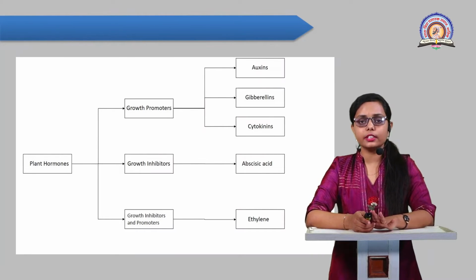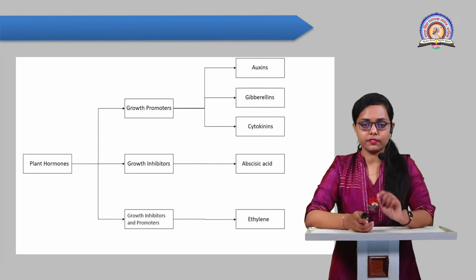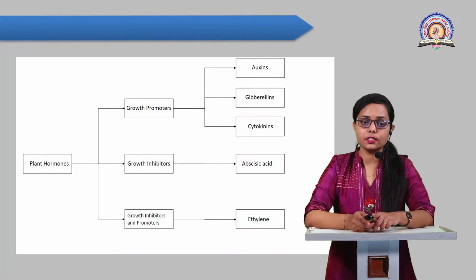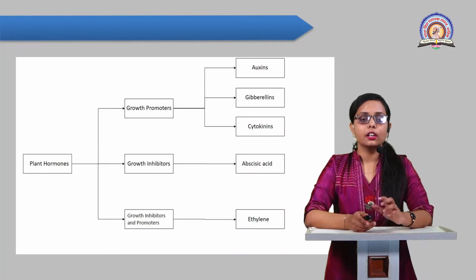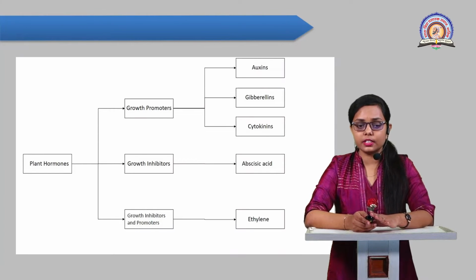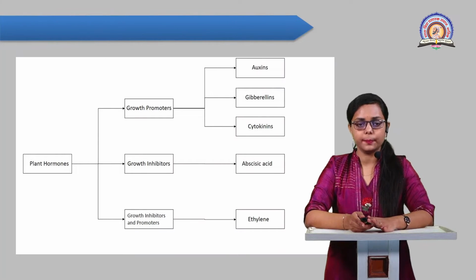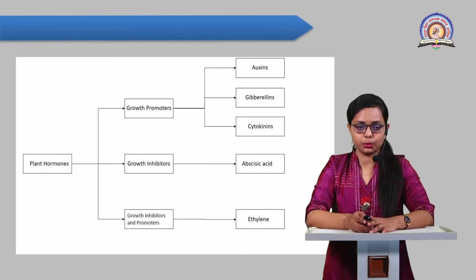We are going to study the major 5 classes today. Even there are more, but for today we are going to study 5 major classes of plant growth hormones or plant growth regulators. Plant hormones have 3 types: growth promoters, growth inhibitors, and hormones which have a dual function of growth inhibiting and promoting as well. In growth promoters, we have auxin, gibberellin and cytokinin.